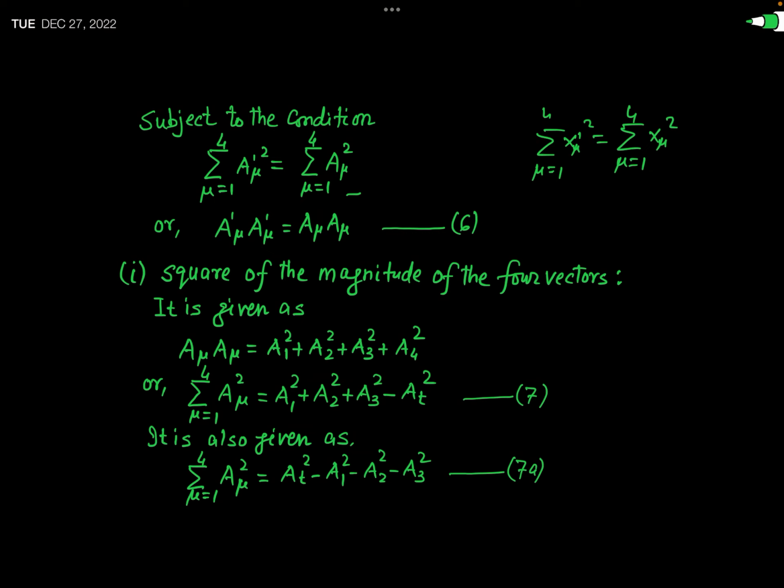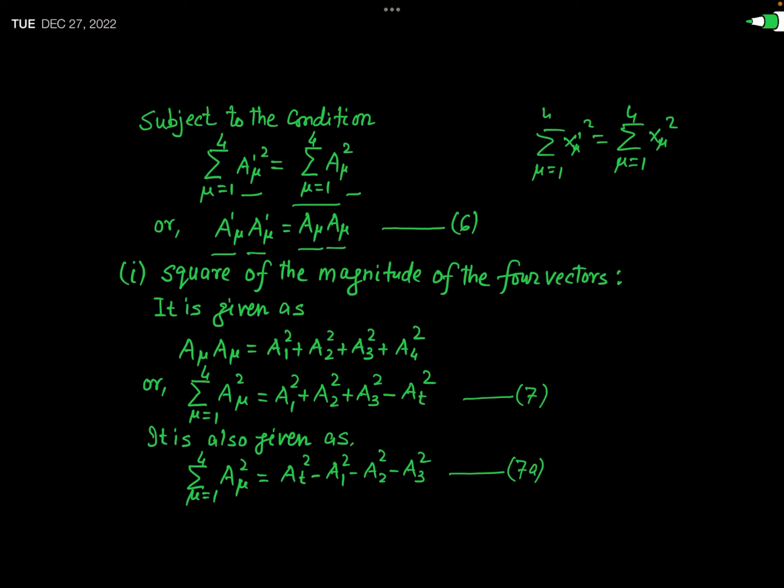That is, you can say that summation mu 1 to 4 a mu prime square is equal to summation mu from 1 to 4 a mu square. Or in other manner, you can write it a prime mu times a prime mu equal to a mu times a mu.